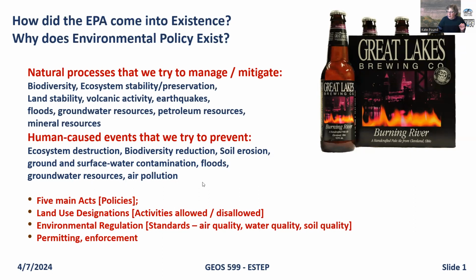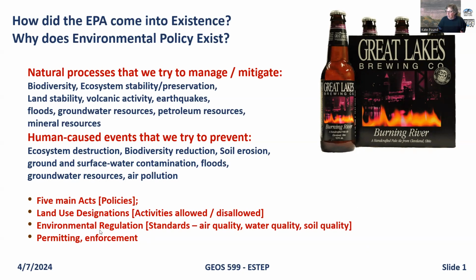Now, when it comes down to a summary of what the EPA is responsible for, first of all, there are 5 main acts, which are also called policies. And then there are what we call land use designations. Effectively, this is what lays out what activities are allowed or disallowed on certain tracts of land.